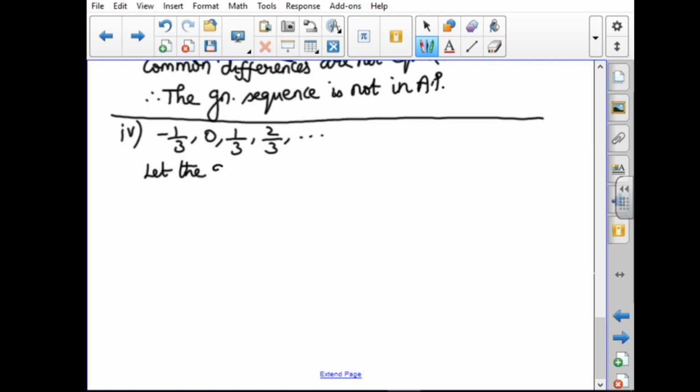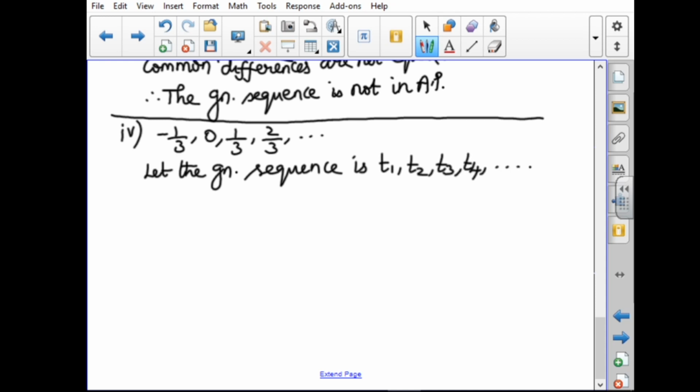Let the given sequence be, here they are giving 4 terms. First term minus 1 by 3, second term 0, third term 1 by 3, fourth term 2 by 3. So I take it up to the fourth term. The given sequence is T1, T2, T3, T4, etc.